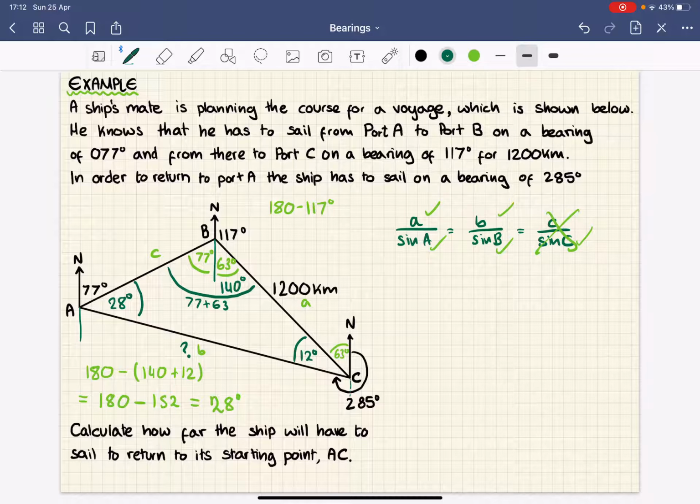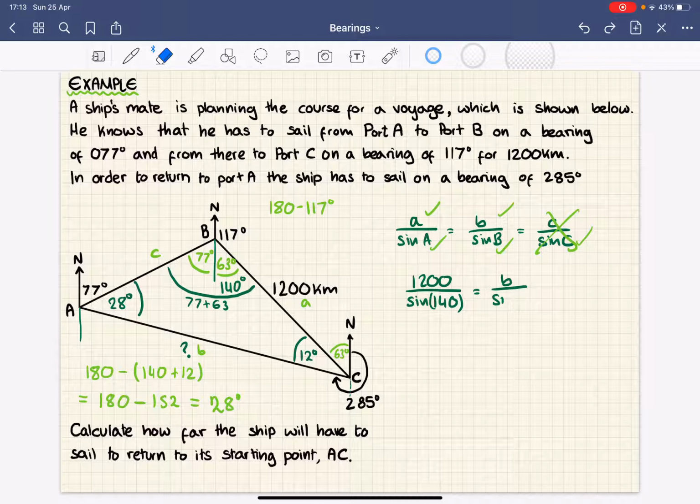So then substituting everything into the formula that I do know. So lowercase a is that 1,200, capital A is 28, lowercase b I don't know, and my capital B is the 140.